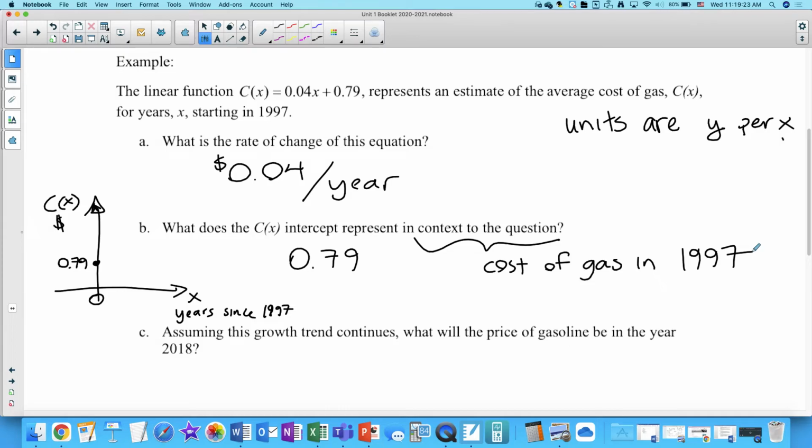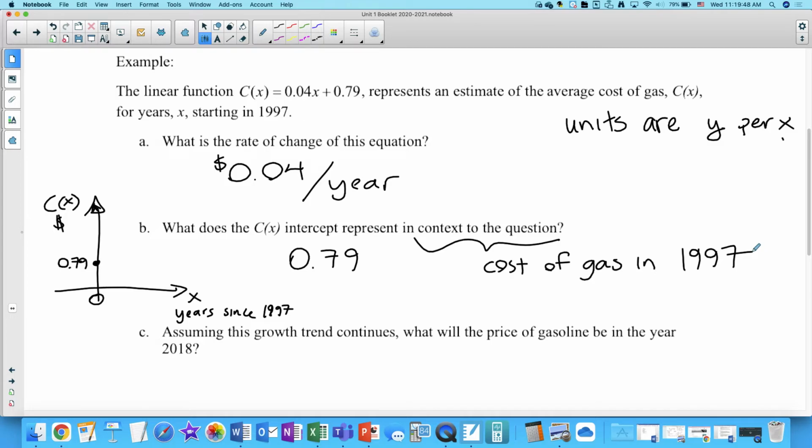So you have to be really, really crystal clear of specifically what does the y-axis represent? What are its units? What does the x-axis represent? What are its units? And speak to those units. You can even say 0 years after 1997, the cost of gas is 79 cents, right? That would be a good explanation.